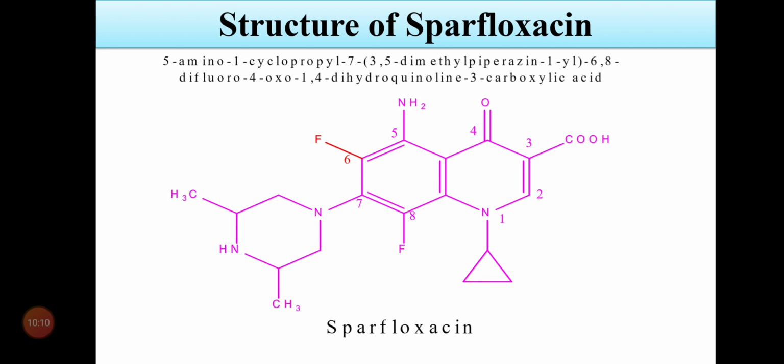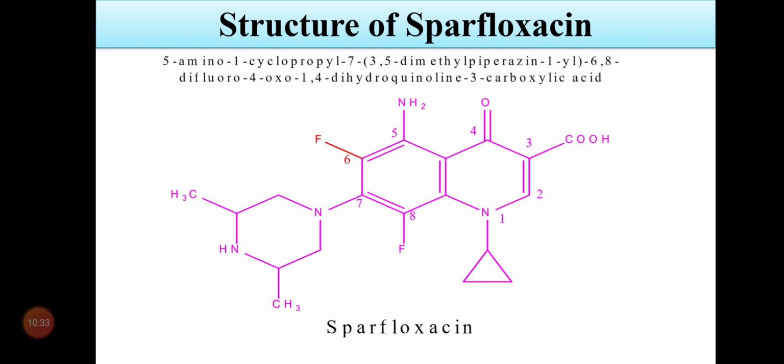If you look at the structure of the drug, you can easily find the changes made in the second generation fluoroquinolones. The 6 carbon is substituted with a fluoro, then 7 is substituted with a piperazine.